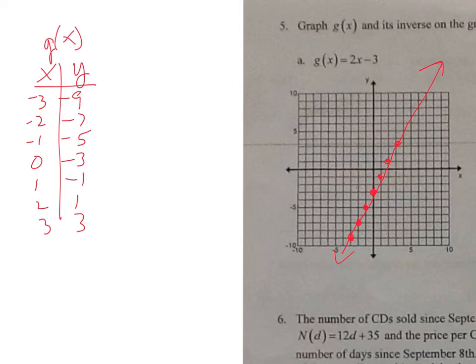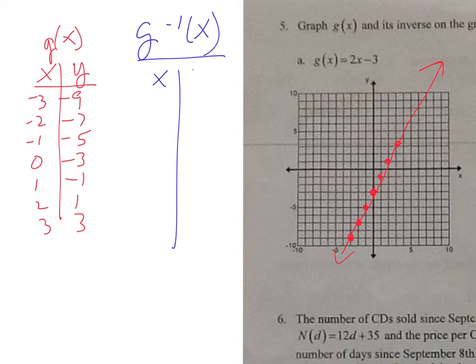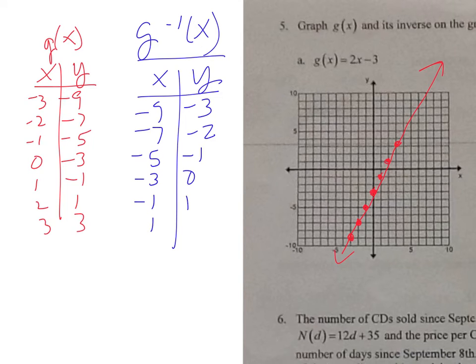All right, so now to find the inverse of g of x, we're going to switch x and y. So it's going to be negative 9, negative 3; negative 7, negative 2; negative 5, negative 1; negative 3, 0; negative 1, 1; 1, 2; 3, 3. So plot the points, negative 9, negative 3. Negative 7, negative 2.